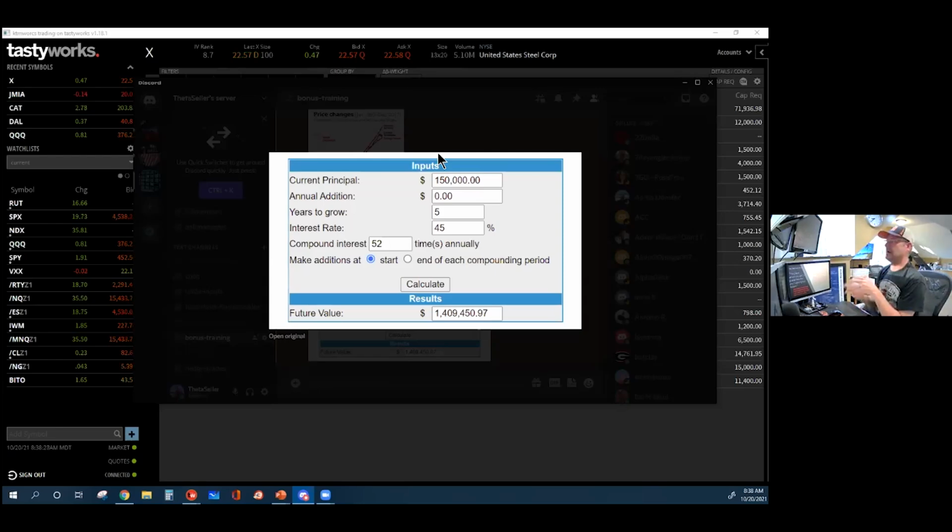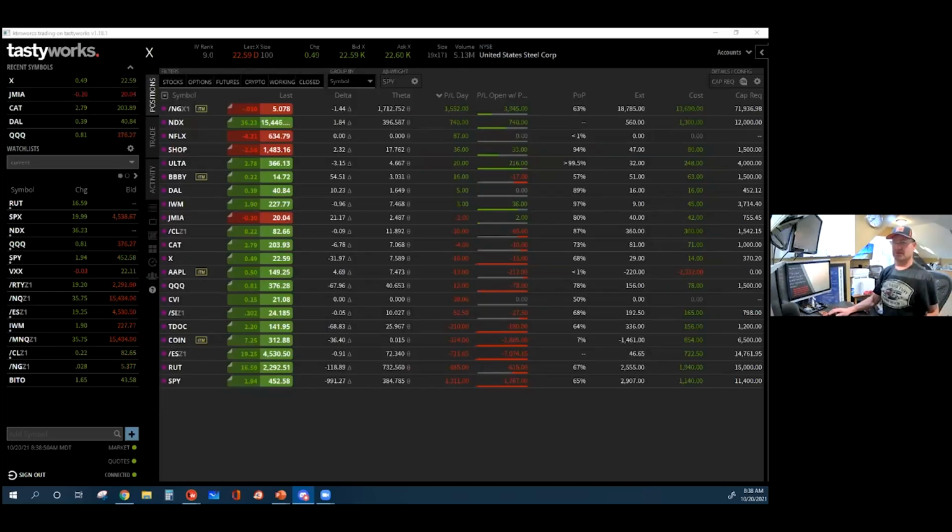Now, is it better to start with 150,000 versus 1,500? Yeah, it definitely is. But you know what the very, very best amount of money to start trading with is? Whatever you have. Everybody asks that all the time. What's the best amount to start trading with? And the number is whatever you have.